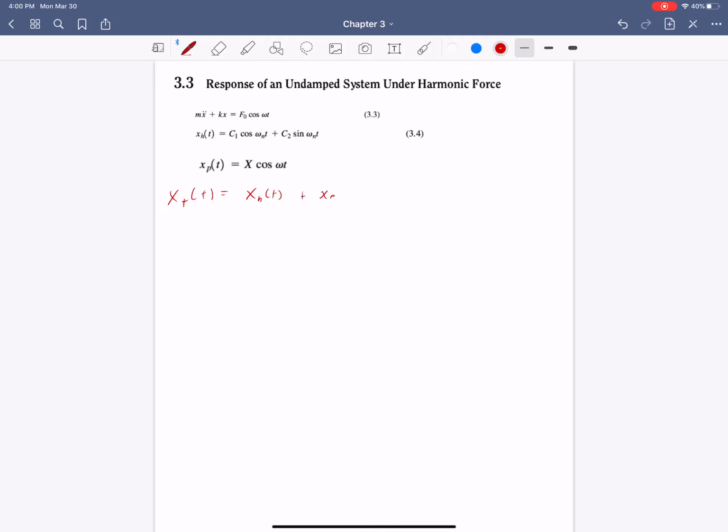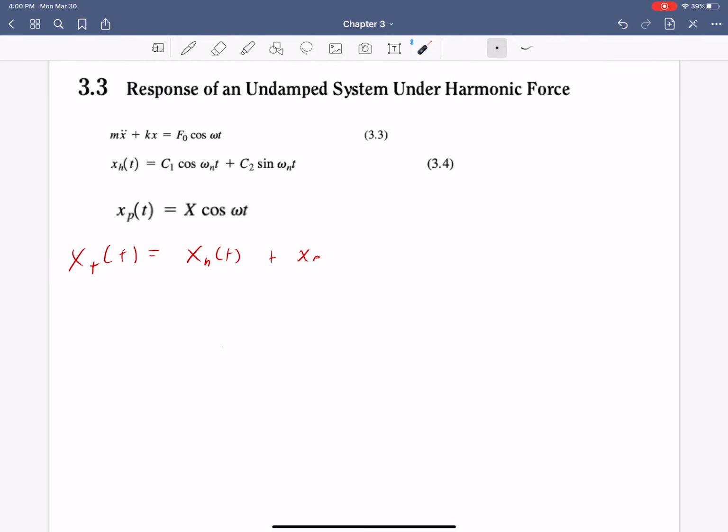Here's one form of the homogeneous solution, and here's the particular solution form. So this ends up equaling C1 cosine omega nt plus C2 sine omega nt plus F naught over k minus m omega squared cosine omega t.